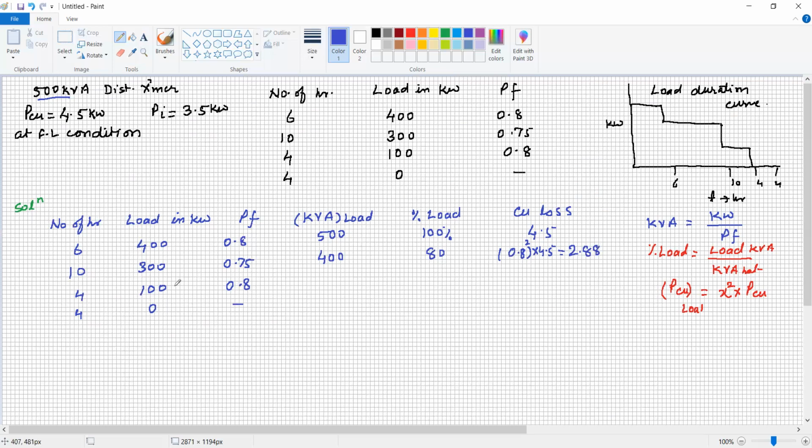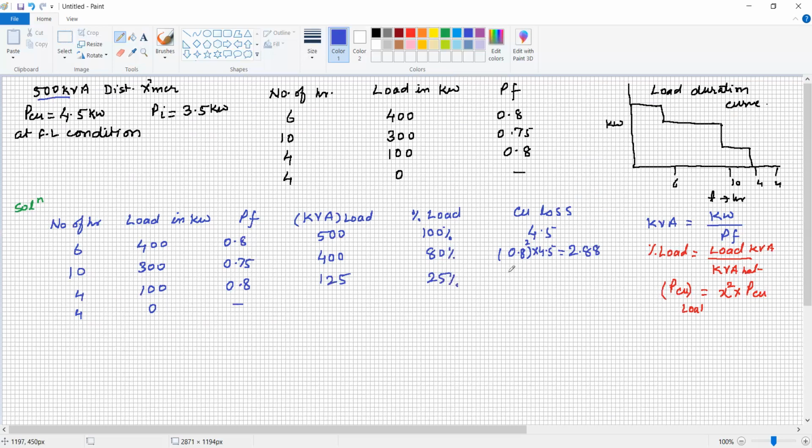Similarly, here 100 divided by 0.8 is 125 kVA. 125 divided by 500 kVA gives the percentage, which is 25% load.